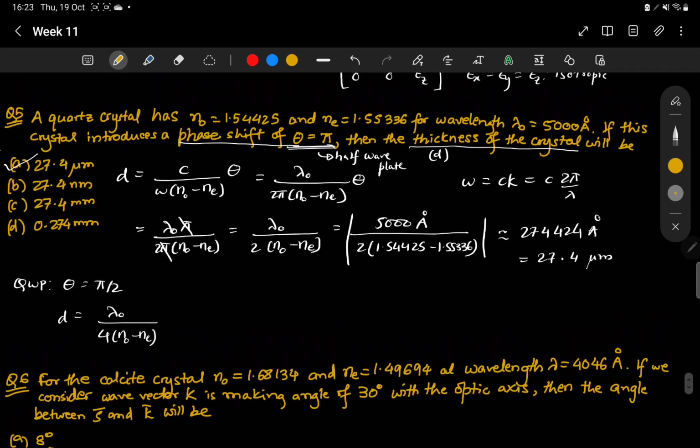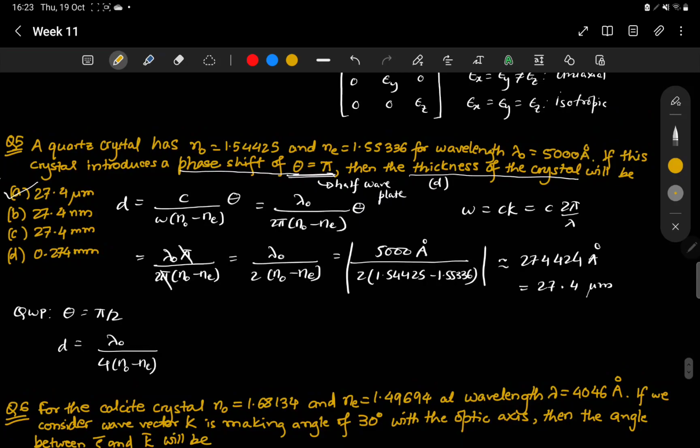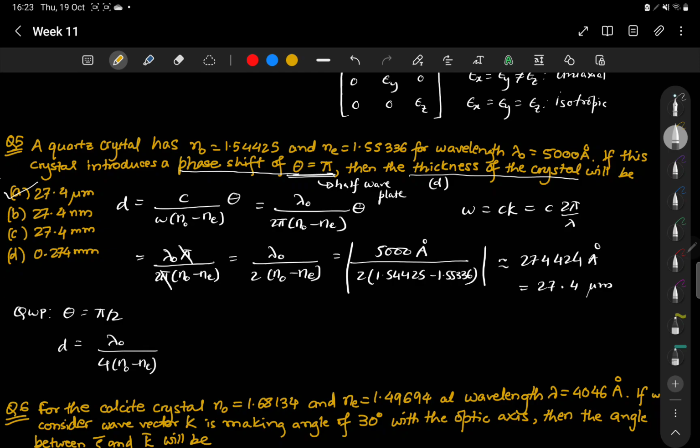Okay, someone is asking in the previous question, what if theta equals 2 pi? Let me answer that question. So theta equals 2 pi would mean D equals lambda naught over NO minus NE, and 2 pi is essentially the same thing as 0 if you do modulus 2 pi. That means there is no phase shift.